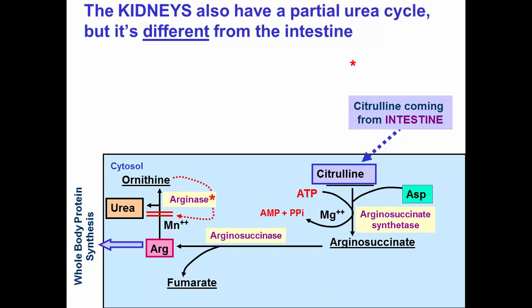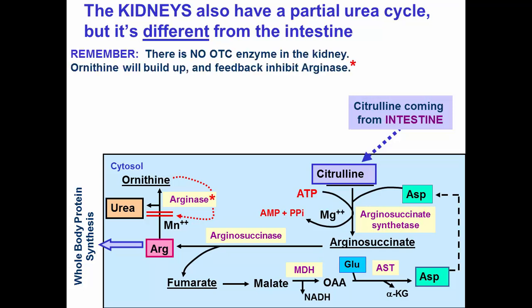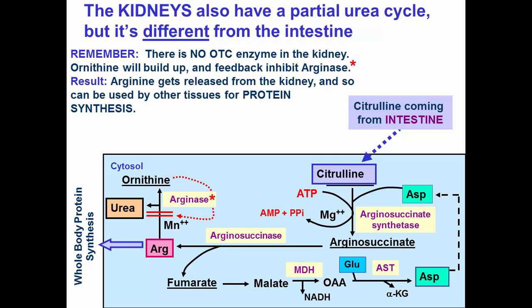It has a small amount of arginase activity, but none to speak of in essence. The kidneys do not have OTC. There's nothing up here, right? This blank is just showing you that it doesn't have those enzymes. It'll take the citrulline, do these two steps, and make arginine.